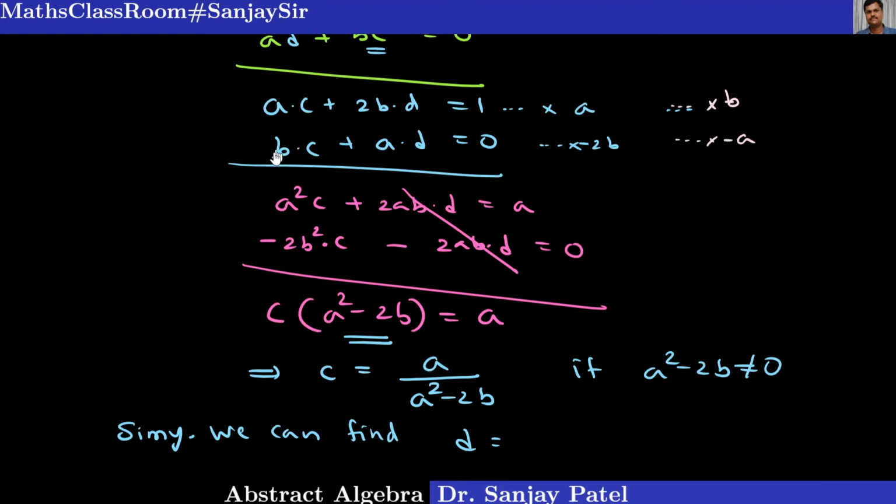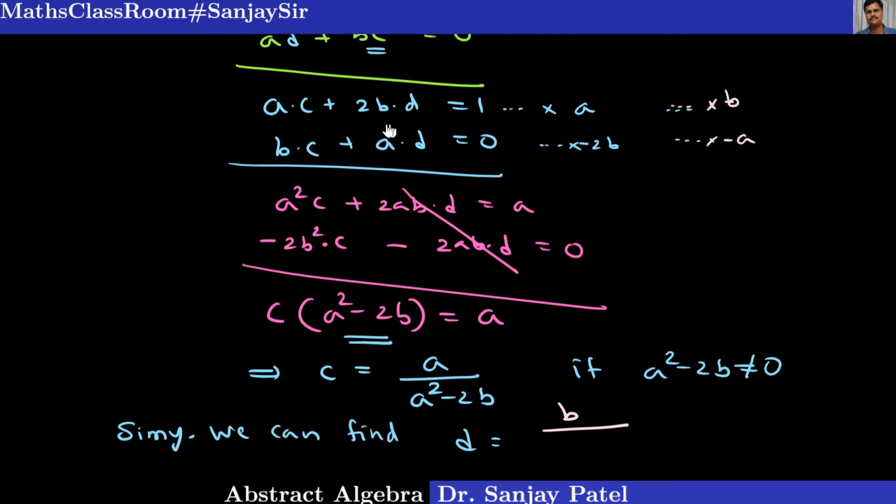Okay, so this will be cancelled, and what you will get here is 2b square and here minus a square, and that gives you d is equal to b upon 2b square minus, what is the mistake I'm making?